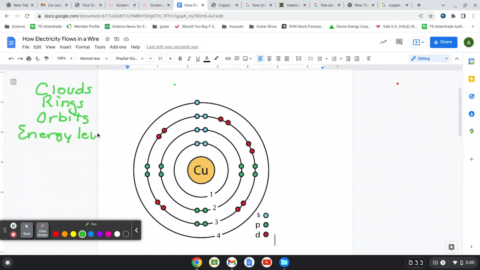They're really clouds and energy levels, so I'm just going to say energy levels. You can notice copper has 4 energy levels right here, and at the last energy level there's only 1 electron. The electrons in the last shell, or the last energy level, are called valence electrons.